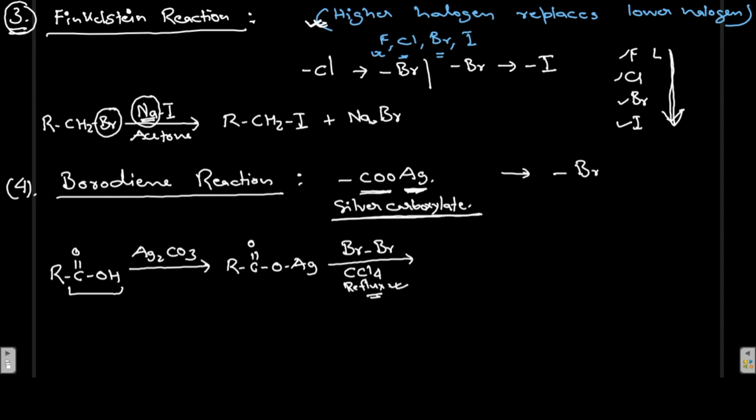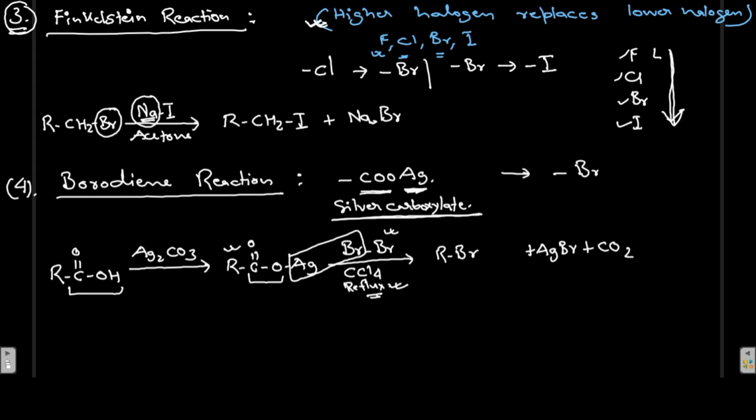this Ag will combine with this Br to form AgBr. This carbon will be removed as CO2. Now what is left? This Br and this R. What will be formed? R-Br.